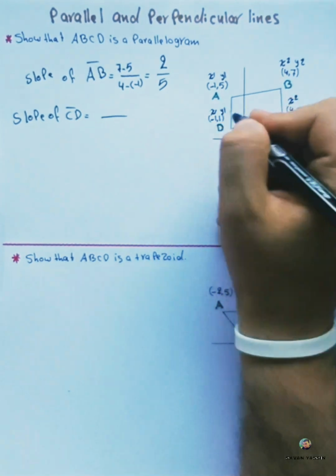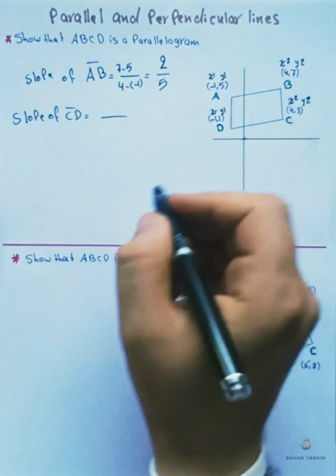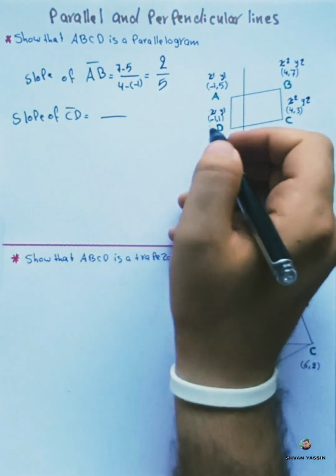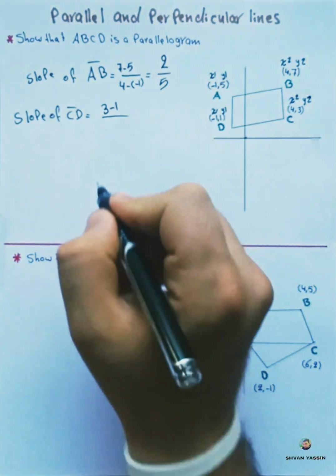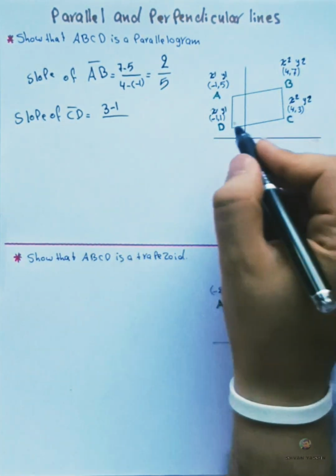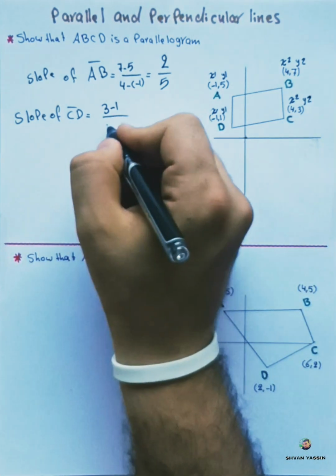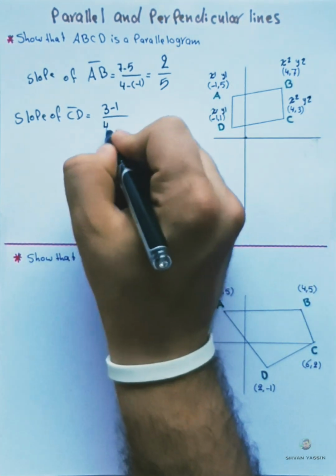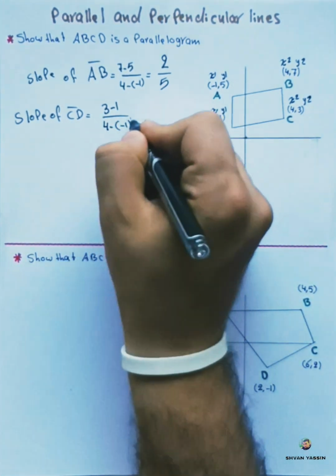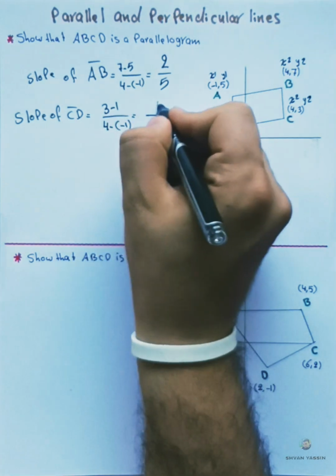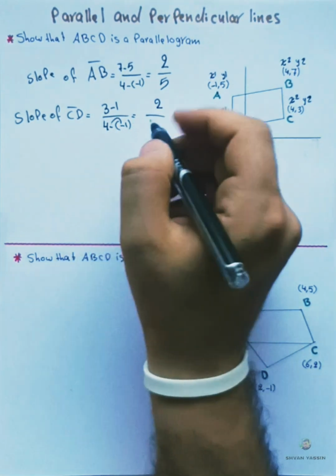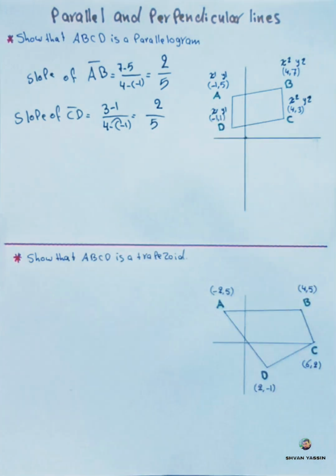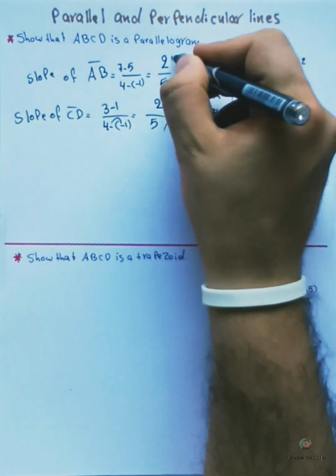This is y1 and this is y2. So y2 minus y1, 3 minus 1, x2 minus x1, 4 minus negative 1, so 3 minus 1 is 2, and minus times minus is plus, 4 plus 1 is 5. So we have the same slopes.